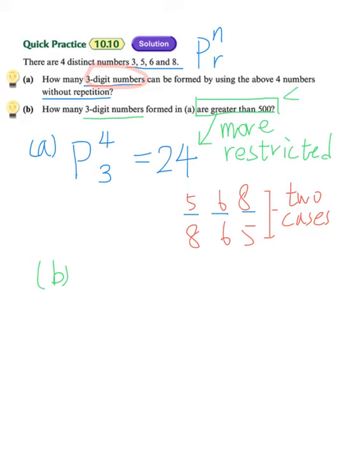So definitely you can anticipate that the number of choices should be smaller than 24. But how to calculate this?